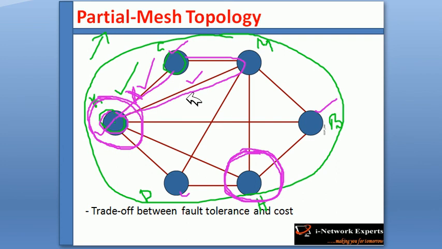So maximum companies will be using the partial mesh topology. It will save your budget, as well as you will get maximum uptime. You will get redundancy as well. I won't say maximum, but you will get the redundancy as well.